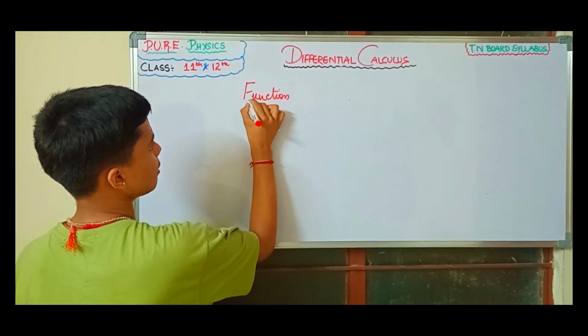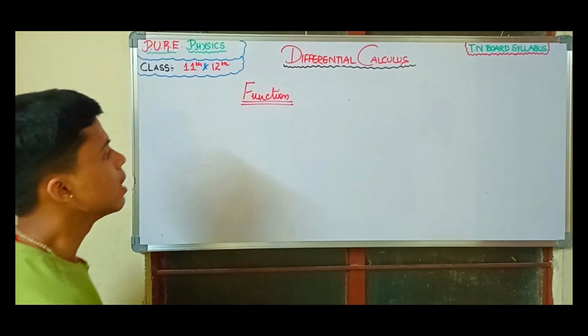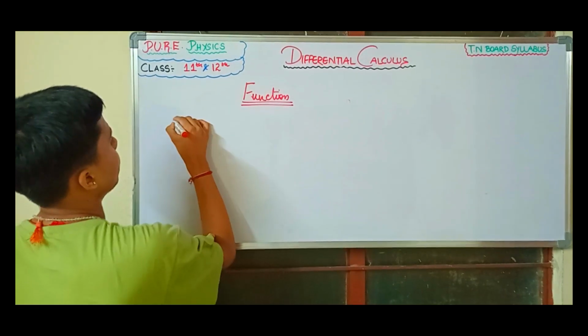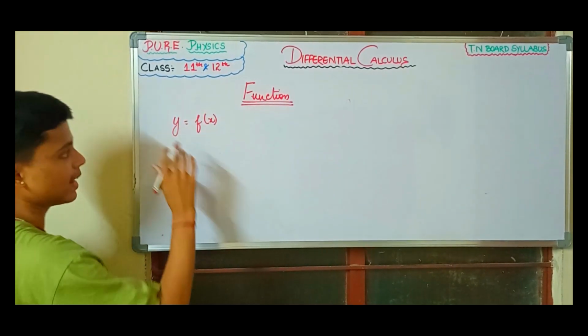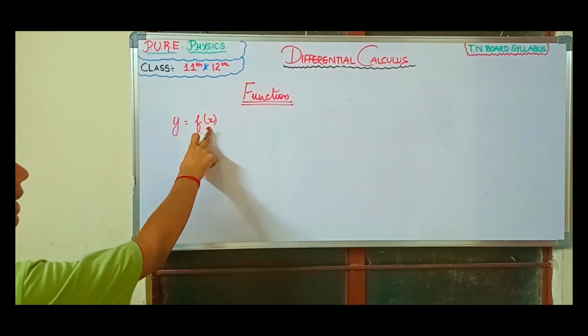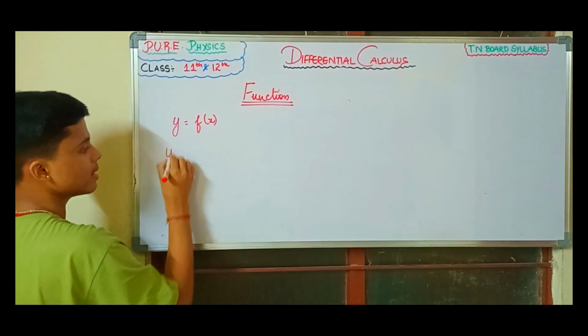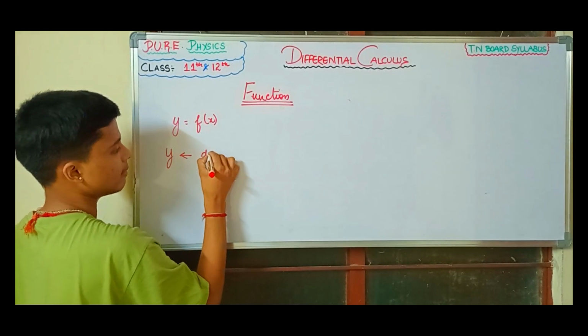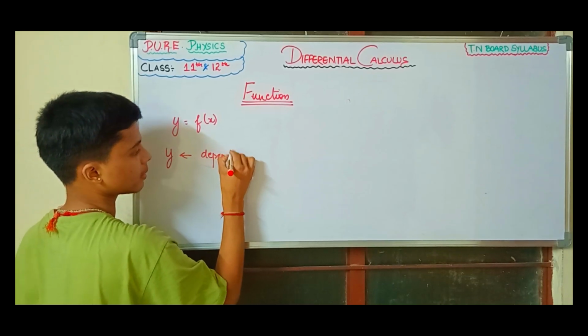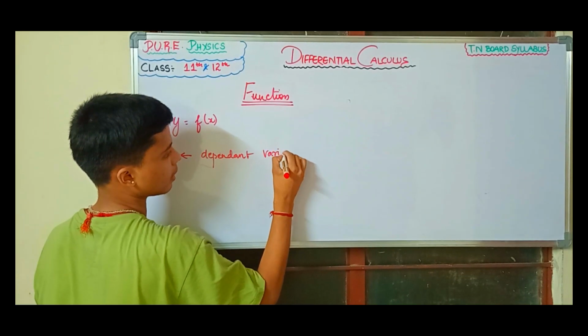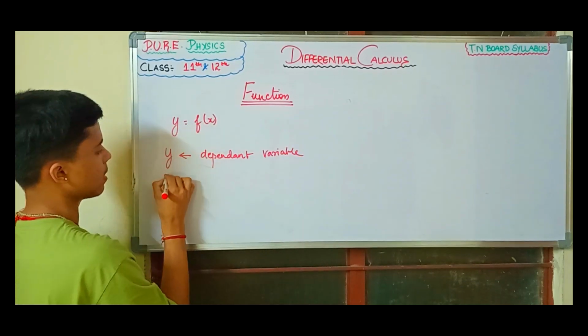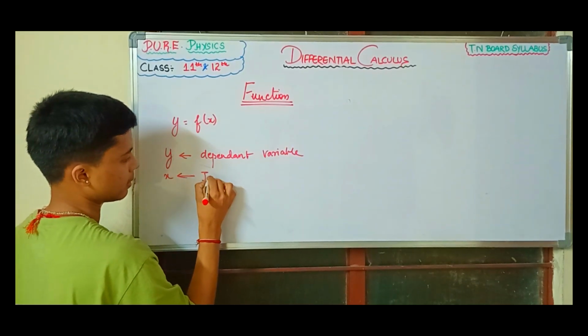So how do we represent a function? Let me take y is equal to f of x. Here y is dependent on the x value. That is, y is called the dependent variable, and x is called the independent variable.